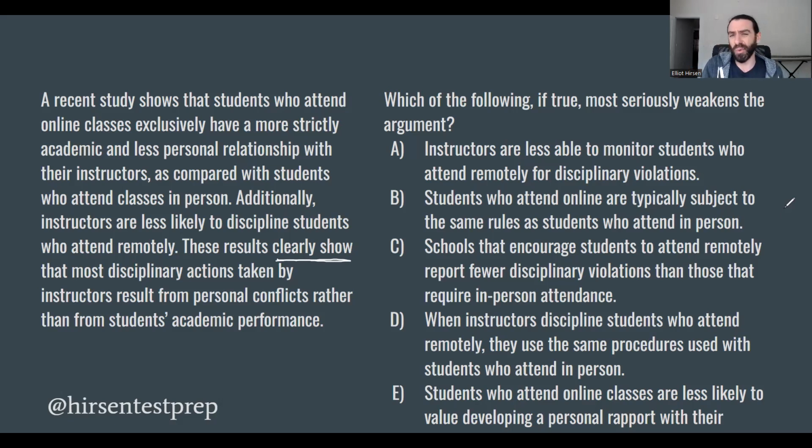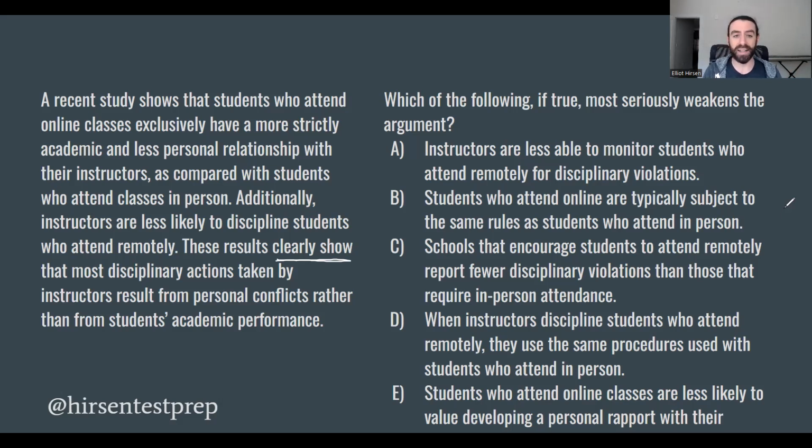So is it really the less personal relationship that the online students have that is causing fewer disciplinary actions to be taken? That seems somewhat implausible. So let's remember a couple of really common patterns on the GRE verbal that are happening on this question. One is we're getting some cause and effect going on in this conclusion, right? The less personal relationship is causing fewer disciplinary actions to be taken.